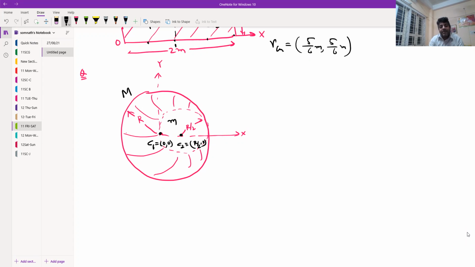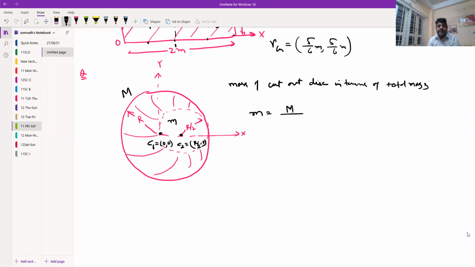So we write: mass of cutout disk in terms of total mass. Small m, and total mass is capital M. You understand? The total mass of the disk is M.